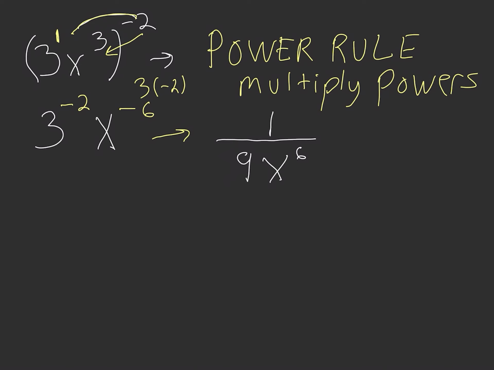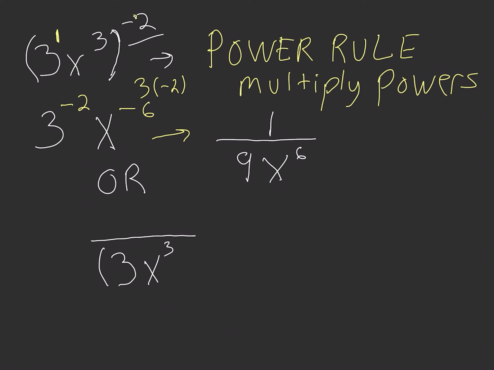Now, that's one thing I could have done, but I also could have done it a little bit different way. Instead of multiplying like I did with the power rule, I took the whole parentheses up there, the 3x cubed, which is to the negative 2, and right away I put that parentheses, 3x cubed, down in the denominator, still in parentheses.